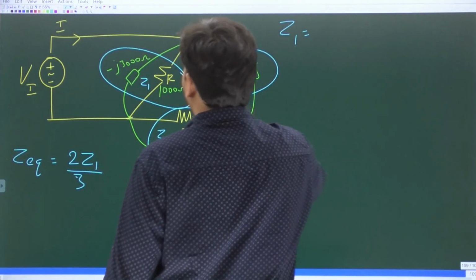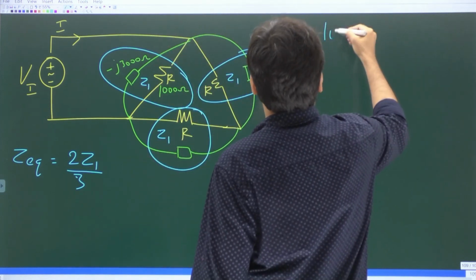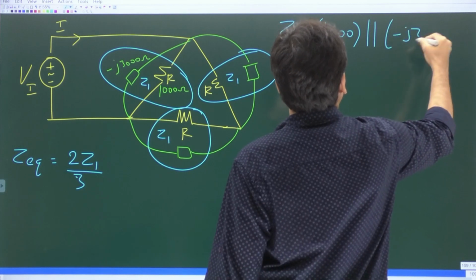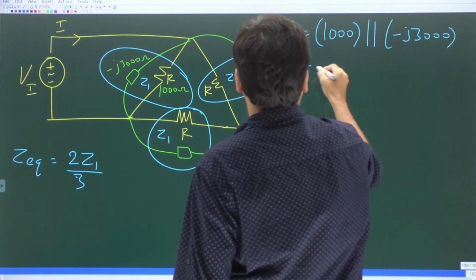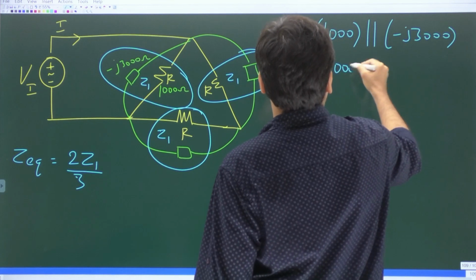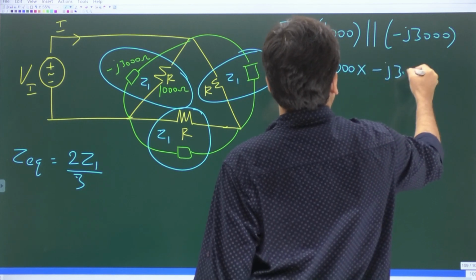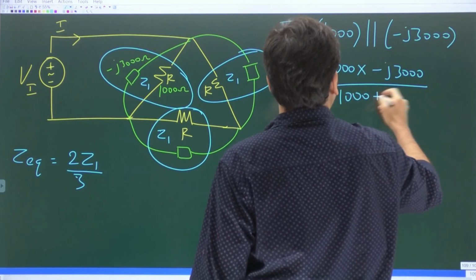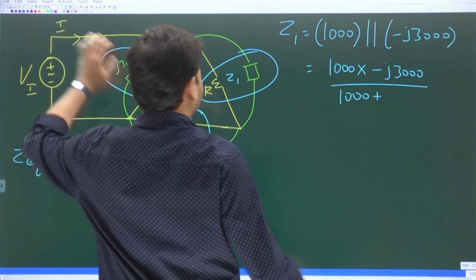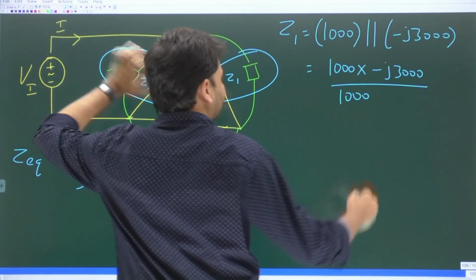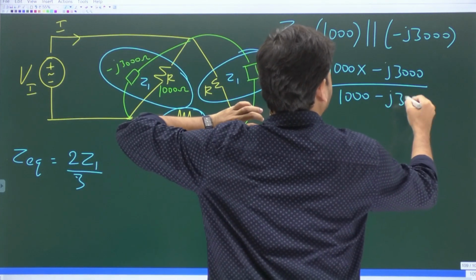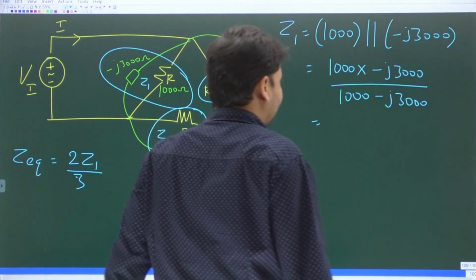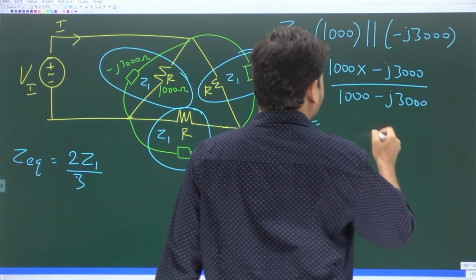So Z1 is the parallel combination of 1000 parallel minus j 3000. So Z1 is going to be 1000 times minus j 3000 upon 1000 plus minus j 3000. I'll directly write it as 1000 minus j 3000. 1000 is common to both numerator and denominator.